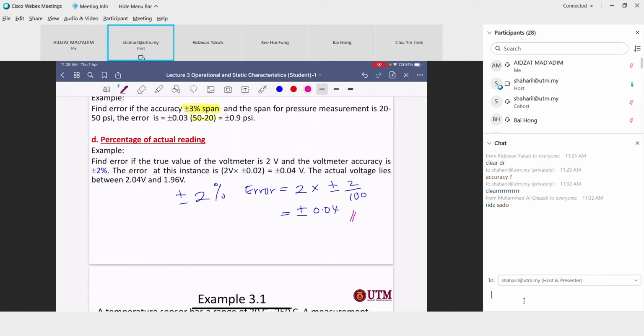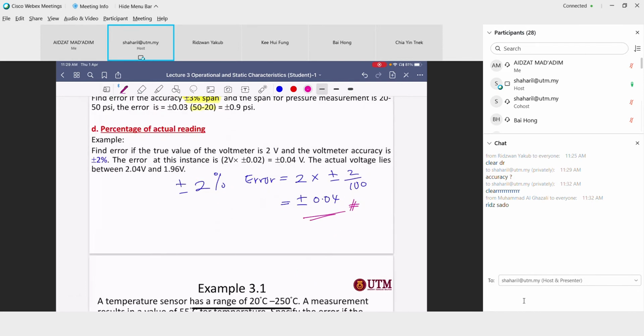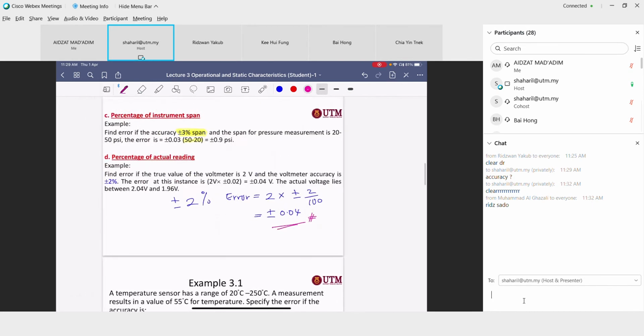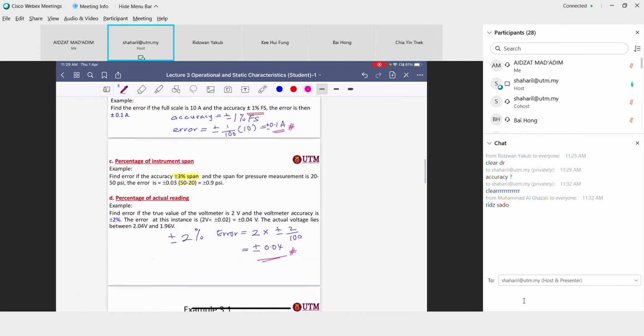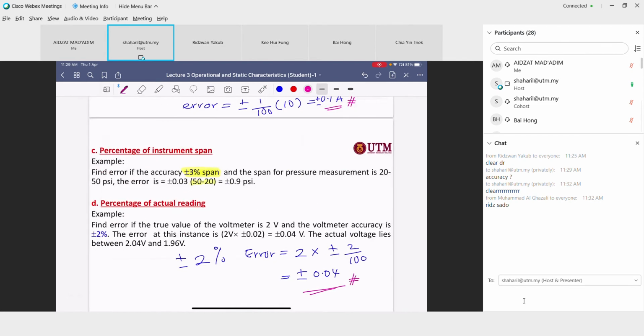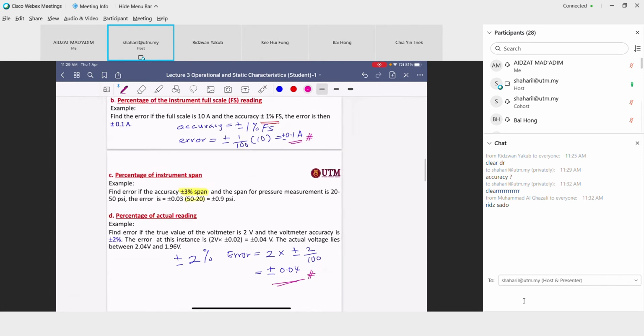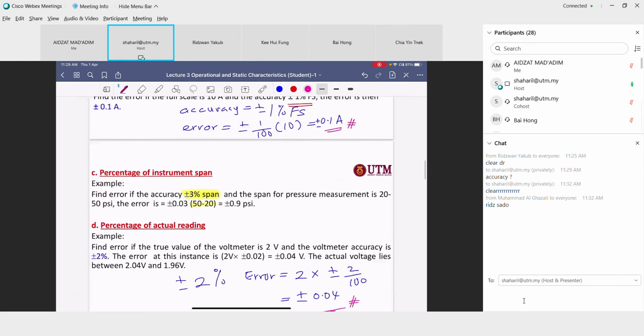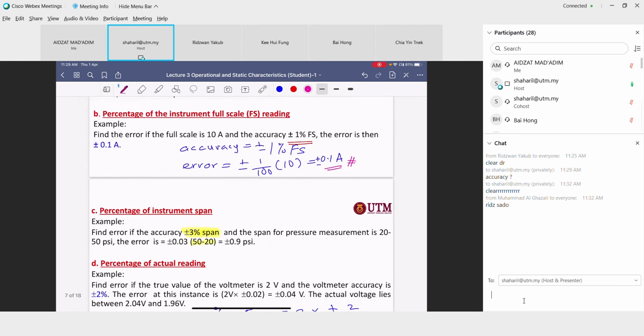Alright. Okay, so what can we conclude? All the manufacturers don't use one standard. Some of them like to use accuracy equal to plus minus 1% per scale.